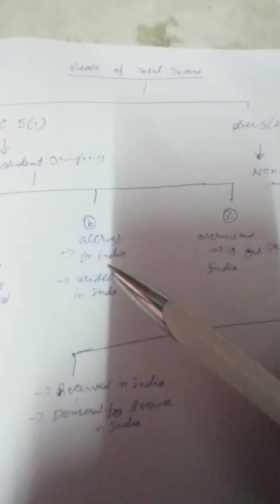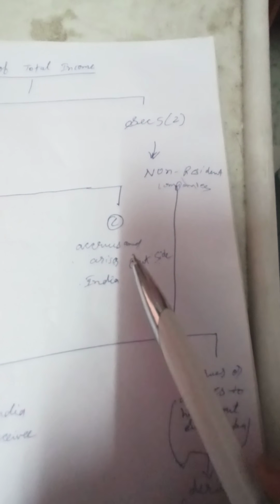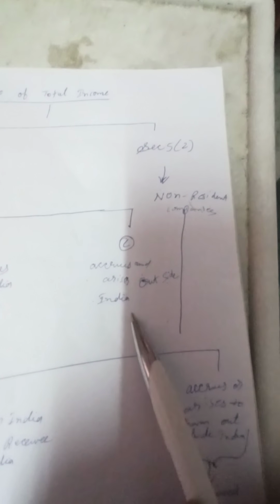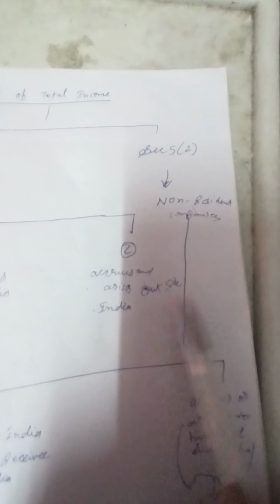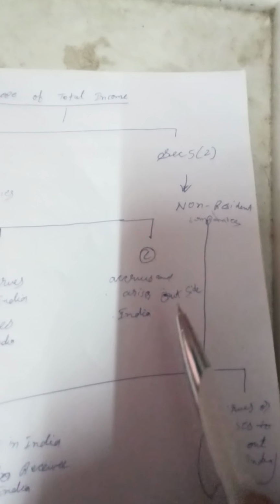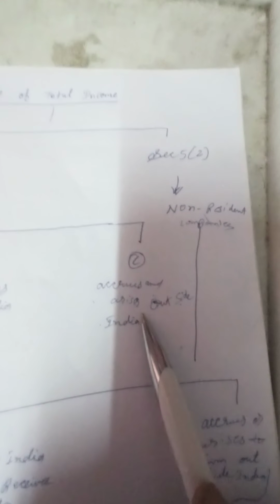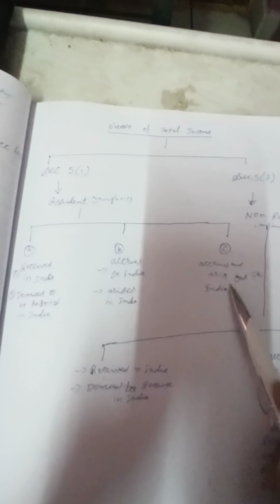Then it is taxable in India. But here it is different. You have an Indian company, you went abroad, the income accrued there, and you received the income there. Still it is taxable in India. And these are the scenarios for the resident companies.